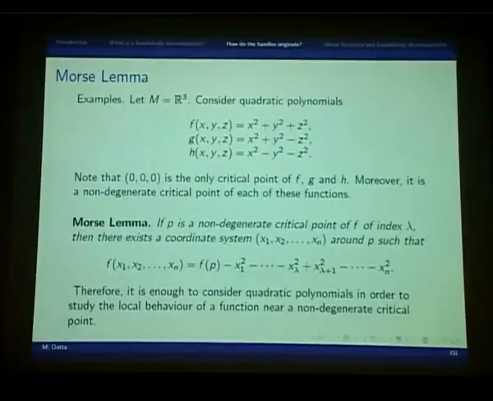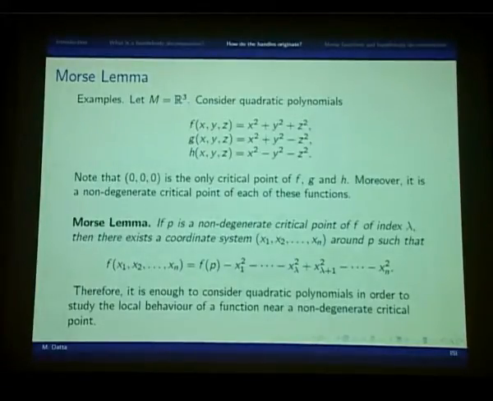So, lambda many negative terms and n minus lambda many positive terms. If you are considering a function on Rn, then instead of saying that there exists a coordinate system, we would say that there is a coordinate transformation which will give you f in this form.